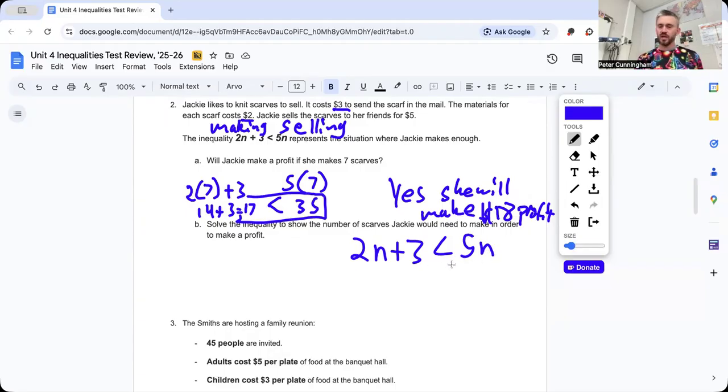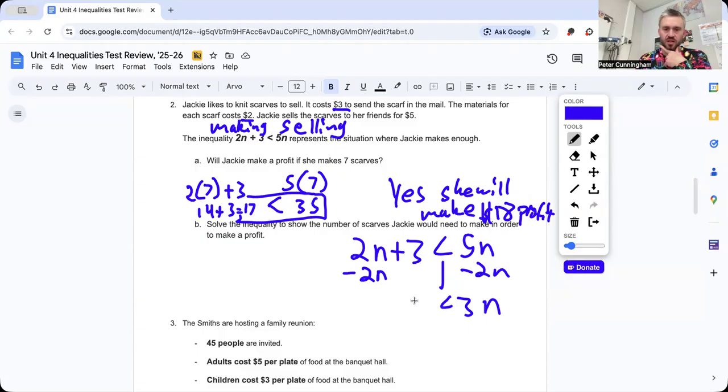So if we solve this equation, we can figure out when the profit begins. Okay, so the profit starts pretty much right away.